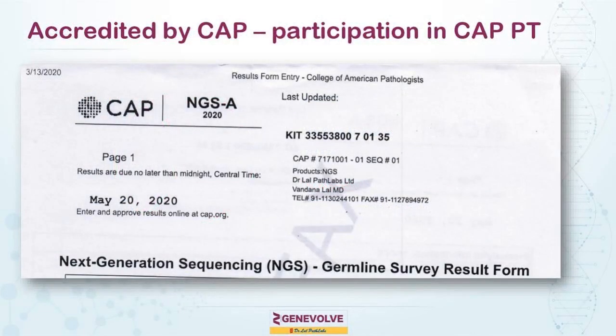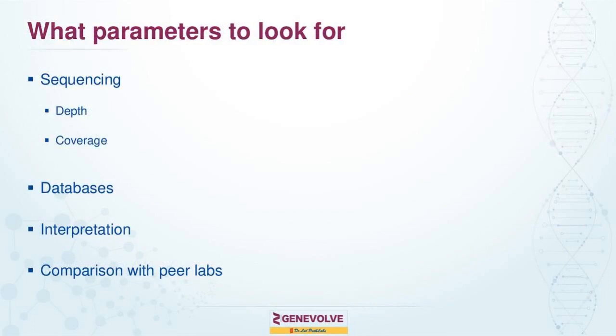The test is accredited by CAP, and we participate in the CAP proficiency testing program, which is available from the College of American Pathologists. So what parameters do we look for? We look at the depth, the coverage, and then definitely the databases which we consult.